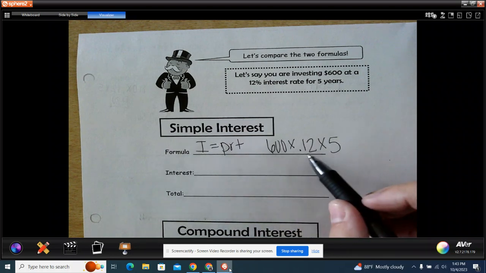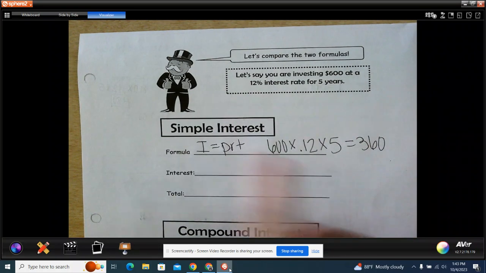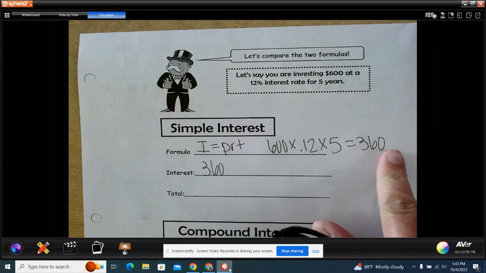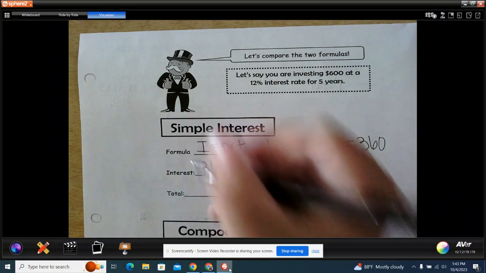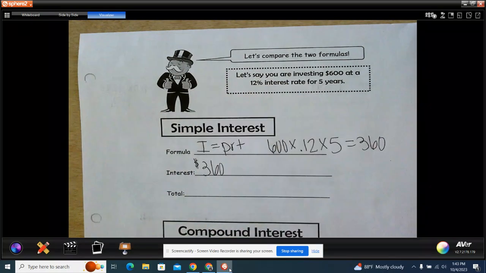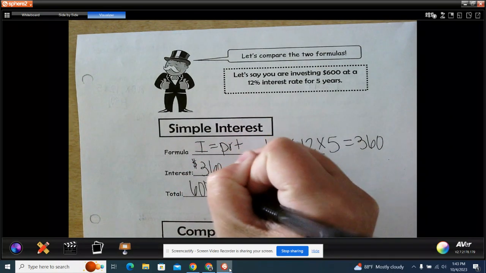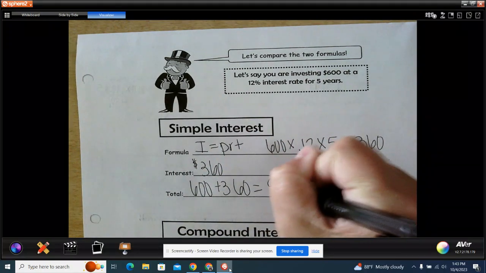So 600 times 0.12 times 5 is 360. So simple interest, it's going to give us our interest as our answer. So if the number is smaller than our principal, it's our interest. If the number is larger, it is our total. So our interest is $360. And then we're going to find the total for investing. So we're going to take our principal of 600, our interest of 360, add it together to get $960.